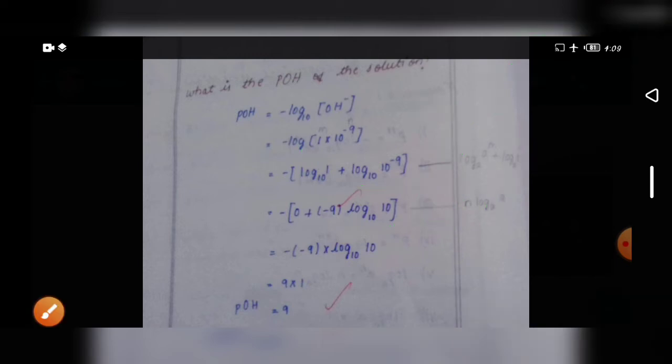You see log of 1 base 10, here log of A power N base 10. This one is 0. But here the power will be there, the power will come in front. So log of A base A. This minus and minus 9 is equal to plus 9, and log 10 base 10 value is equal to 1. So pOH is equal to 9. That's all, the second sum also over.